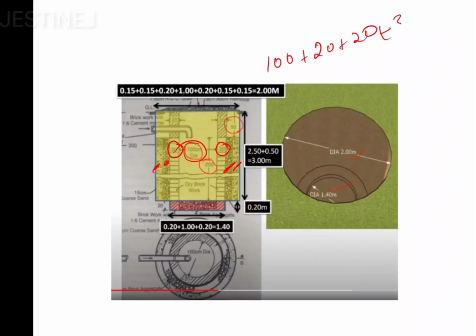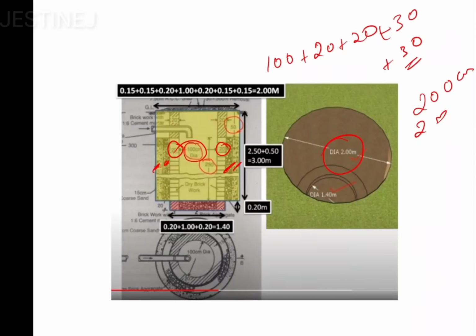So total 30 plus 30. So if you add up these values, 140, then 60, 200 centimeters, that is 2 meters. The diameter is going to be 2 meters. Or you can observe from the plan view of the soak pit. Okay, so that is the case of this soak pit upper portion.